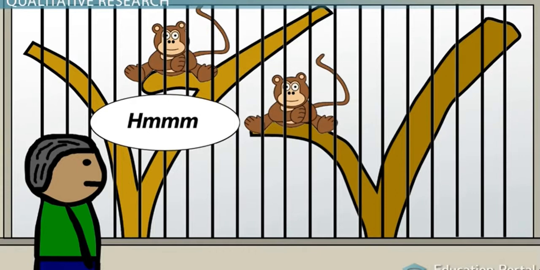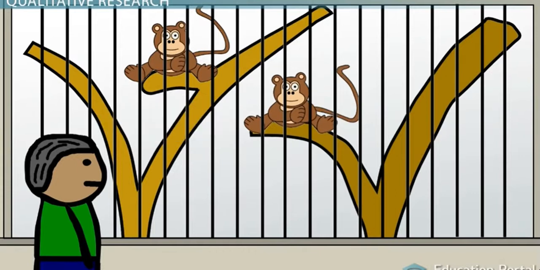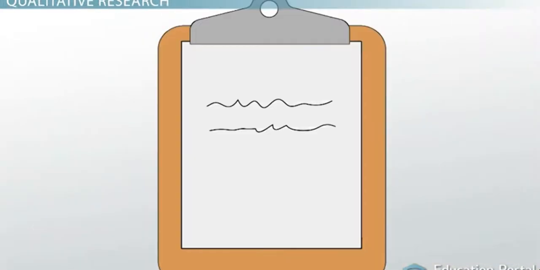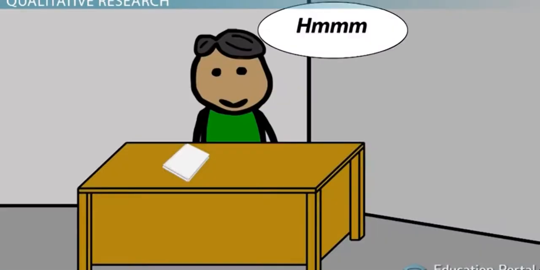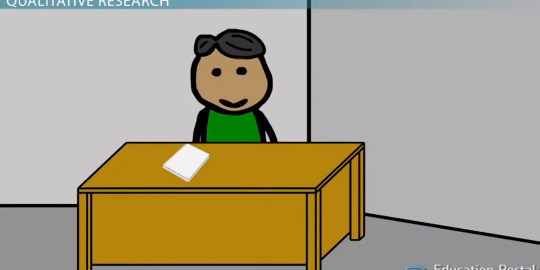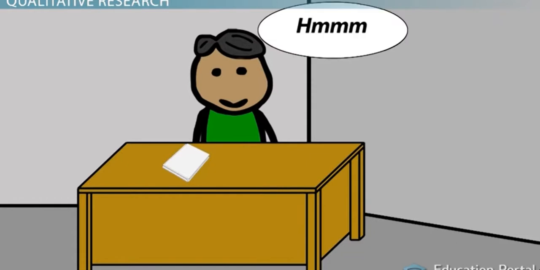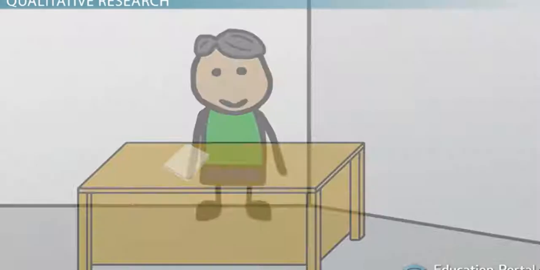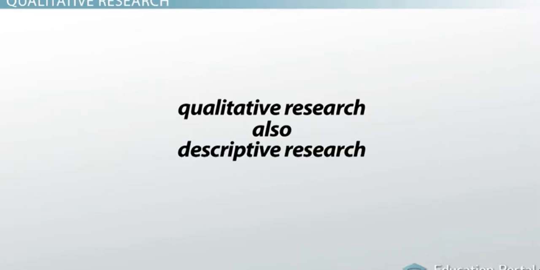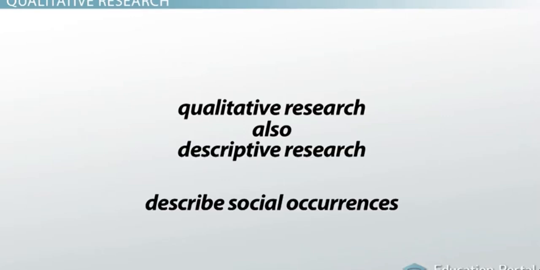Using qualitative research, you might watch the monkeys every day and write your observations in a journal. When the study was over, you would go back through the journal to try and find patterns of behavior, such as daily habits. Qualitative research is also called descriptive research because its purpose is to describe social occurrences.